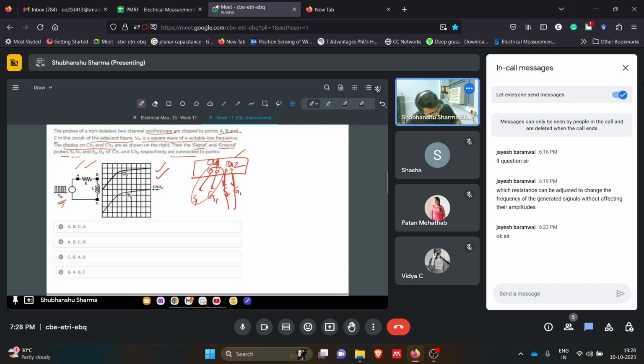So they have given that this is ground. That means this is the 0 volts line for that oscilloscope.